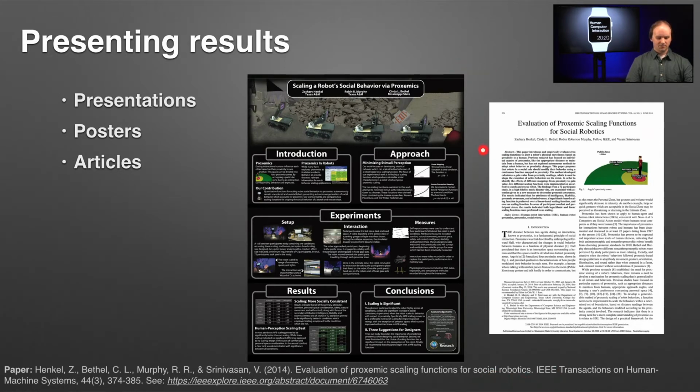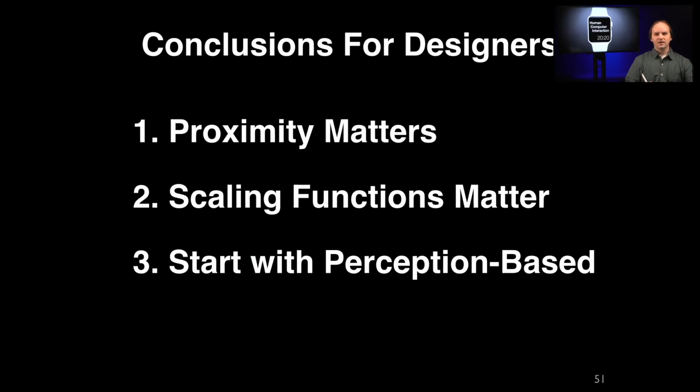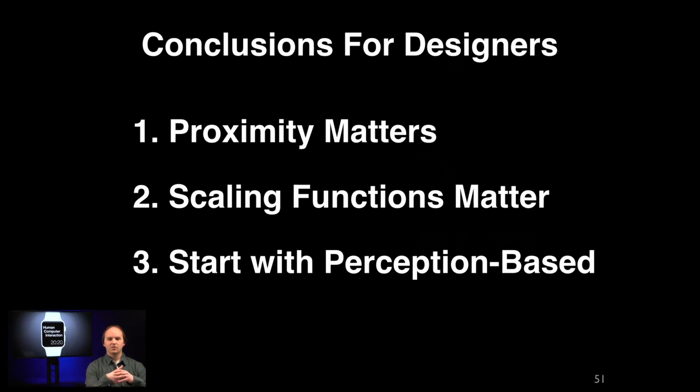It presents all of this data in a more detailed version, in a format that allows you to really explain all of your results thoroughly. So from this study, just to give you the takeaways, we did verify that it does in fact matter how a robot behaves depending on its distance from a person in a search and rescue environment.